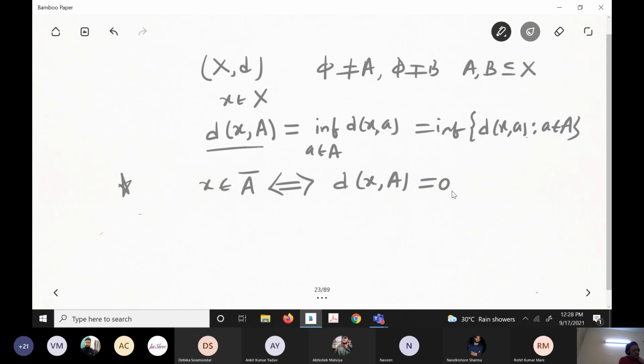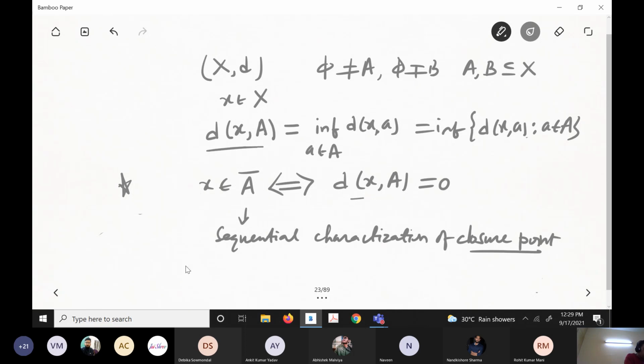Here I think I forgot to tell you one thing. Make sure that you understand, and in order to do this you can take the sequential characterization of a closure point. You don't need it, but you can do it without using this.